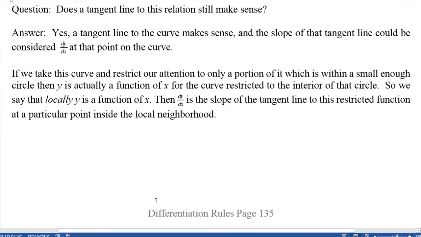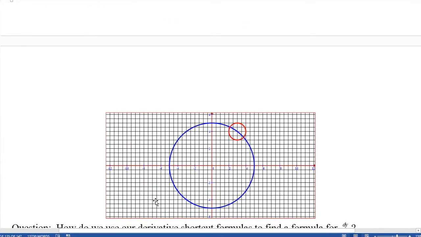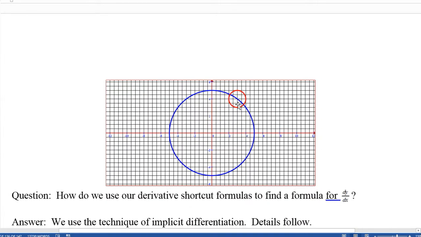Now, one of the ways we may look at this is as a graph. If we restrict our attention inside some other circle here, like just inside this red circle, and we only look at this part of the graph inside that red circle, then in fact y is a function of x.